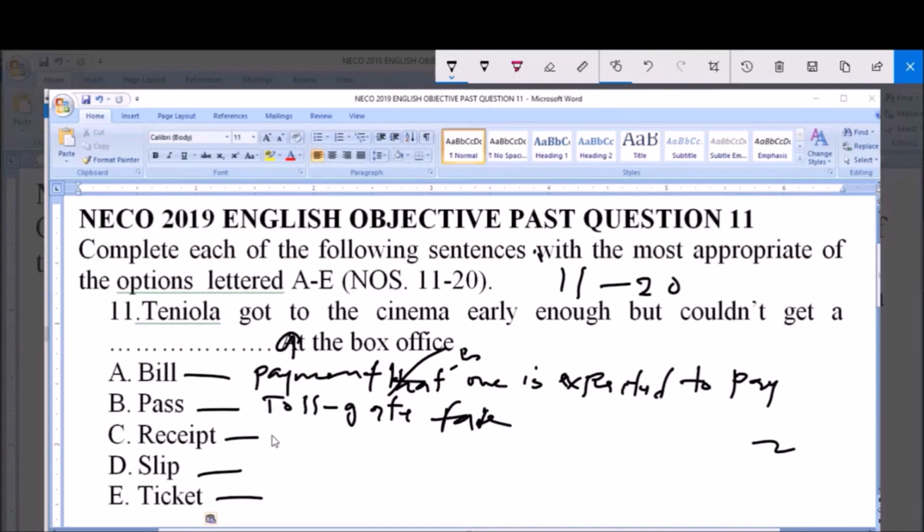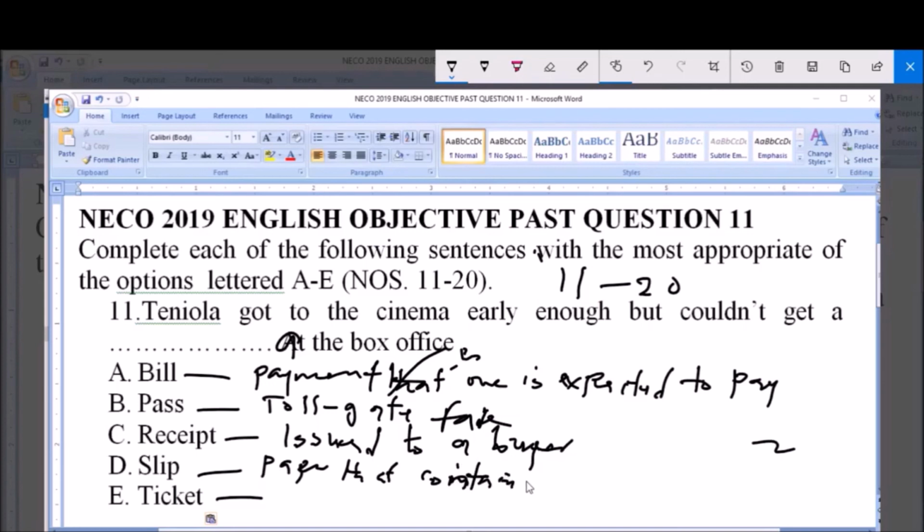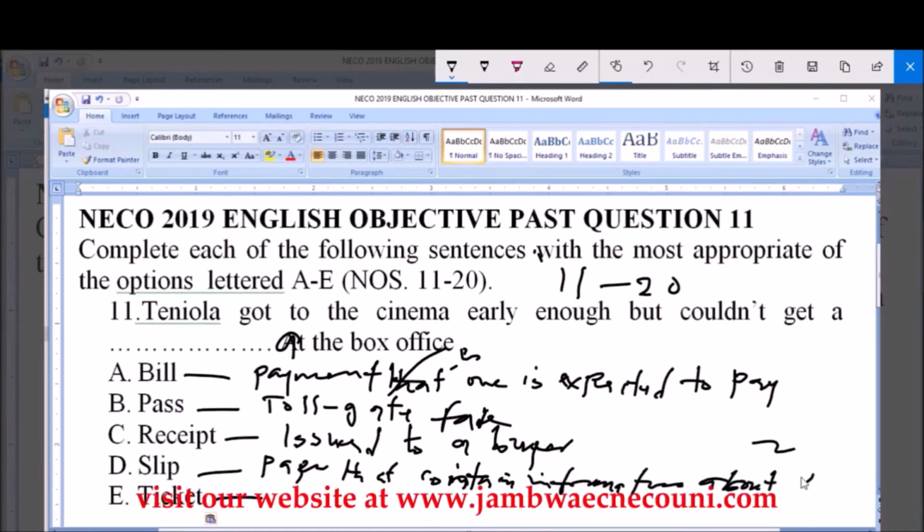Then receipt is a document that is issued to a buyer, maybe a buyer of a particular consignment or product. Then slip is a paper that contains information about something.